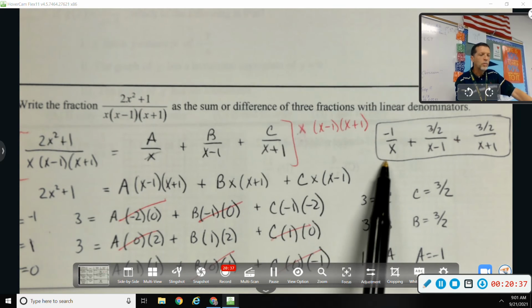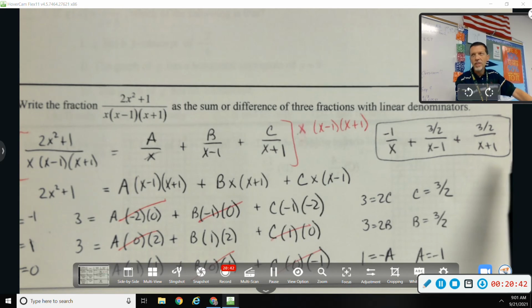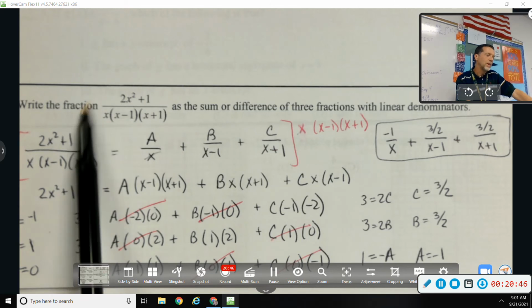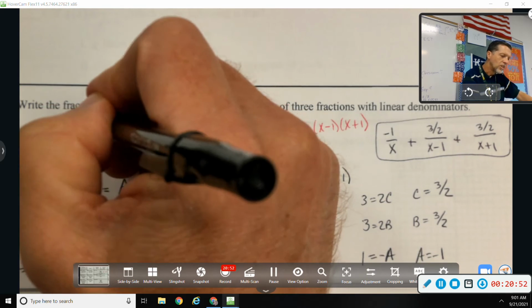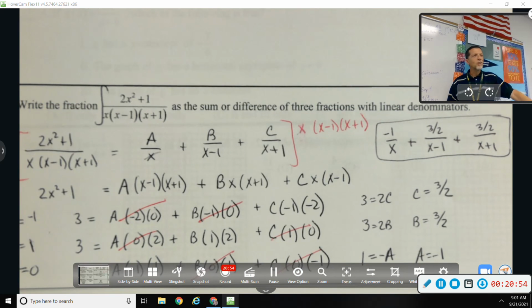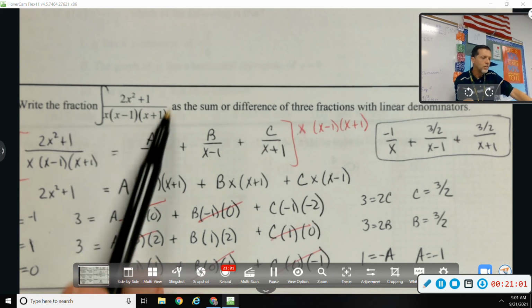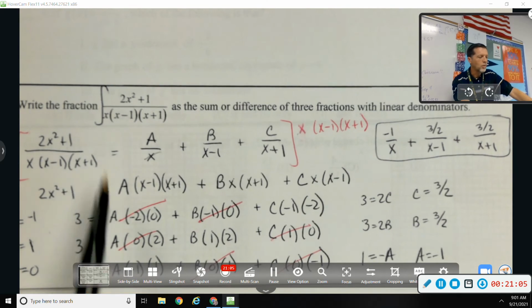We have to break it up, and it's a whole lot easier to do the thing we want to do in calculus with these three little fractions compared to this one big ugly fraction. The thing is the integral, but that's a long time from now. But that's why we need this algebra skill, because when we get to this, we want to do it with those three little pieces rather than this one big chunk of stuff.